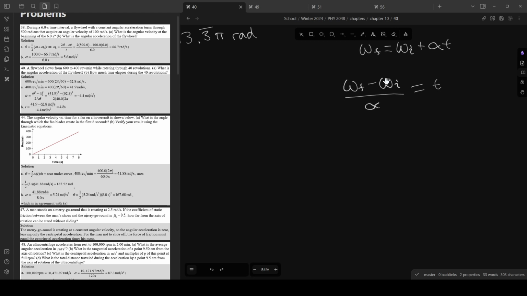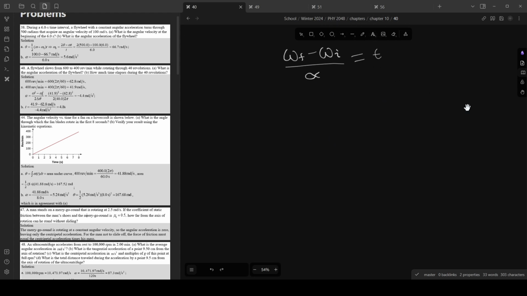So pi is on both those terms. And we get, I kind of wish it was in terms of pi, that'd be nice. I don't think that's going to happen though.